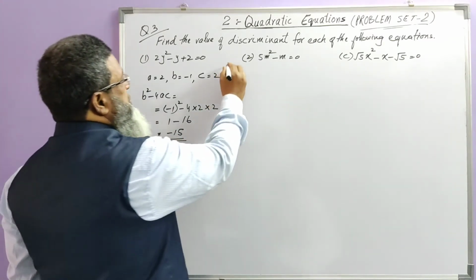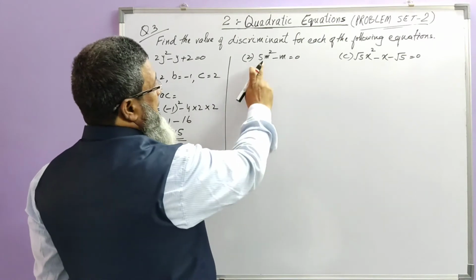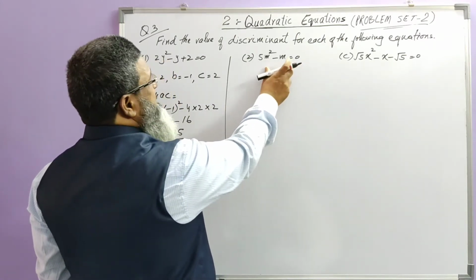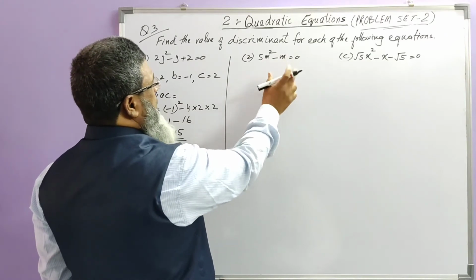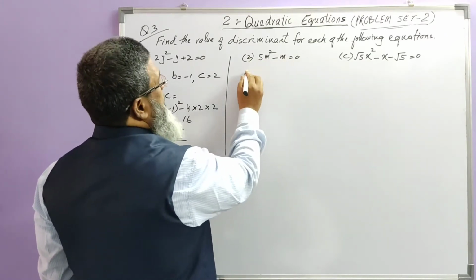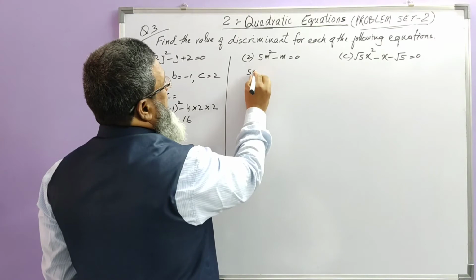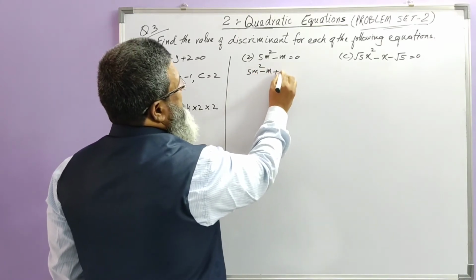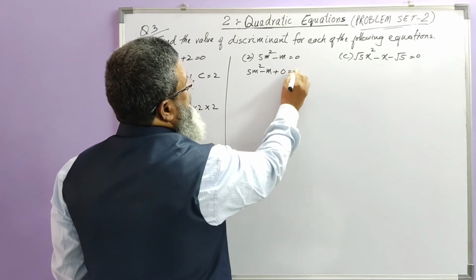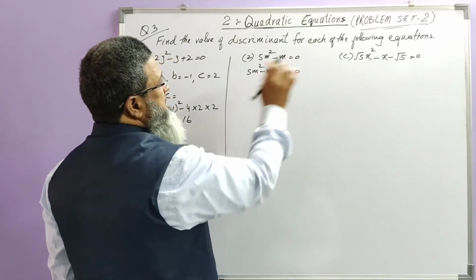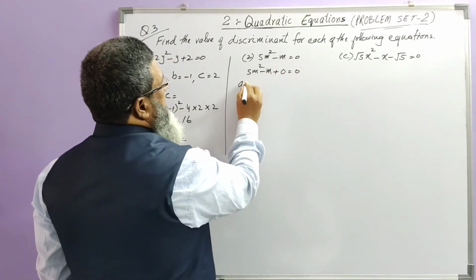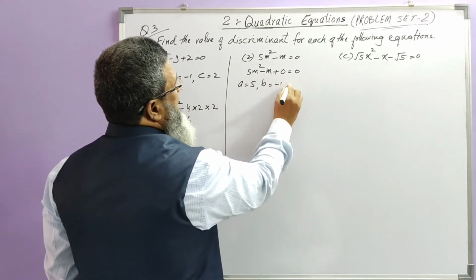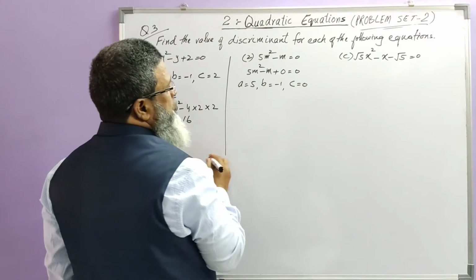Here in the second question, 5m square minus m is equal to 0. This one is not in the complete general form, so put it in the general form. So 5m square minus m plus 0 is equal to 0. Now it becomes the general form. a is equal to 5, b is equal to minus 1 and c is equal to 0.